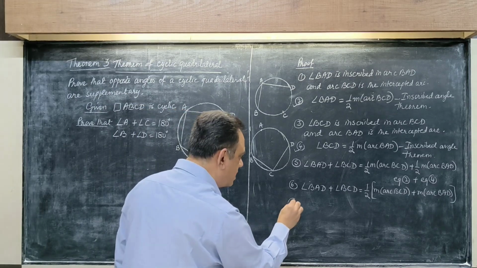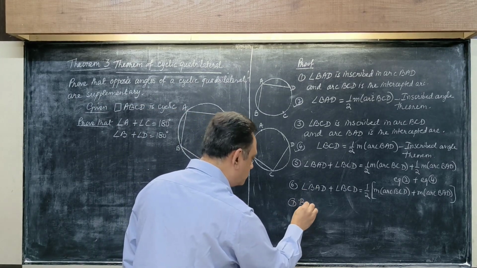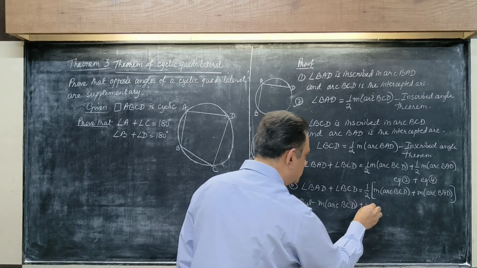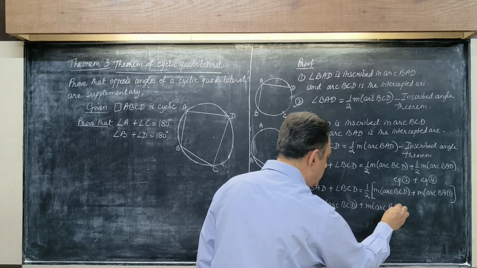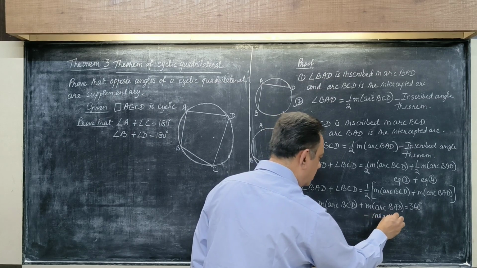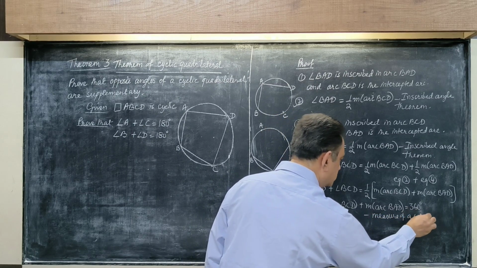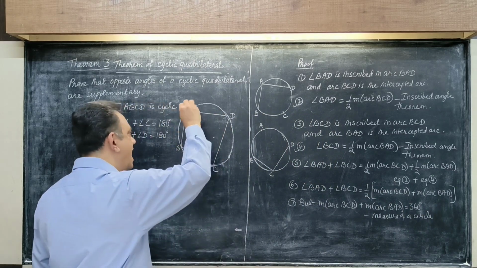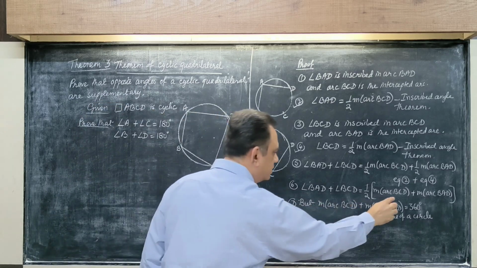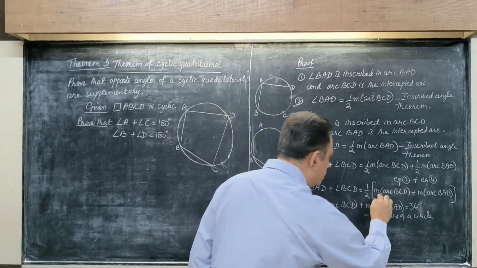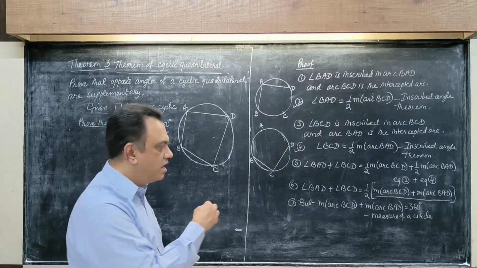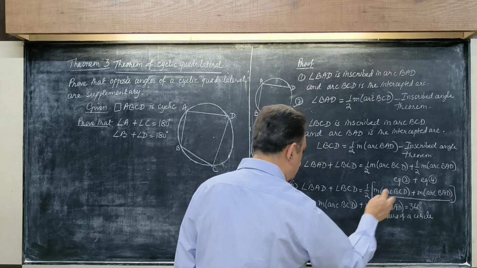So I can write measure arc BCD plus measure arc BAD equal to 360 degrees, the measure of a circle. Because if you add these two arcs, it becomes a complete circle whose measure is 360. So for measure arc BCD plus measure arc BAD, I will substitute 360 degrees.